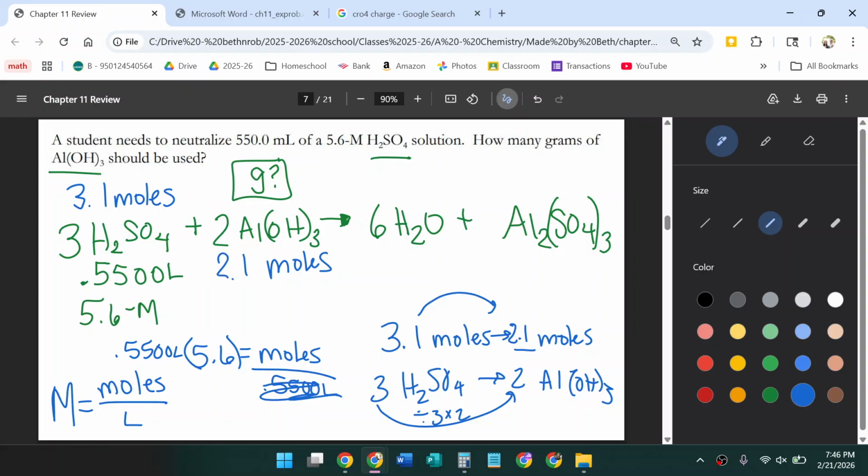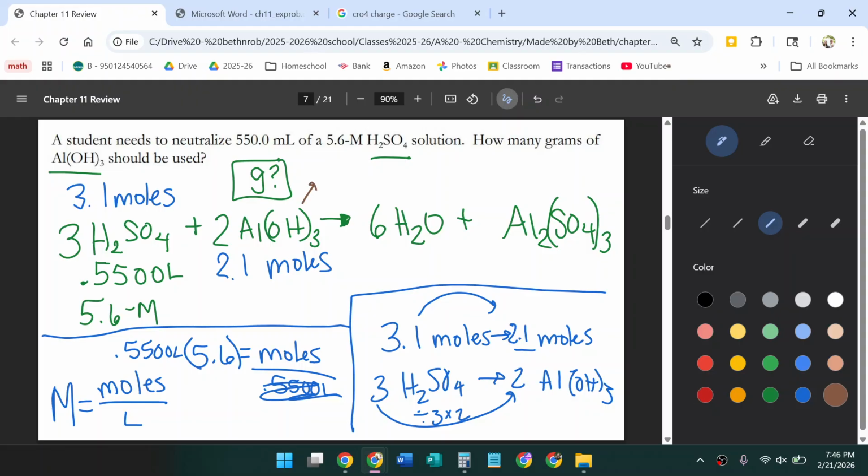Well, at this point, it becomes something that you've done before. This is a little messy, sorry about that. We can change moles to grams. We just need to know what the molar mass of AlOH3 is. So I'll use brown and we'll put it up here.